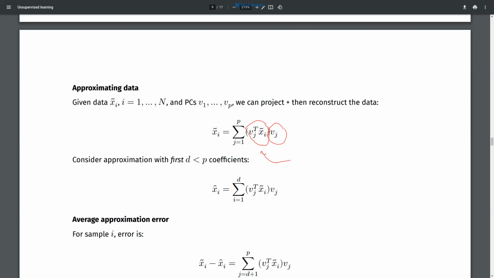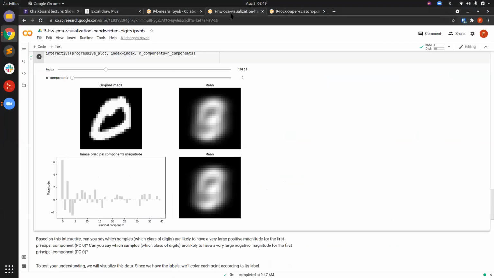And then on the other side of this visualization, over here, this shows the magnitude, and this shows the actual principal component vector.